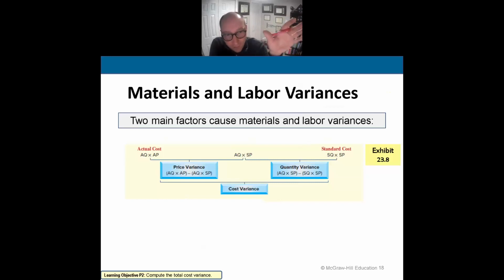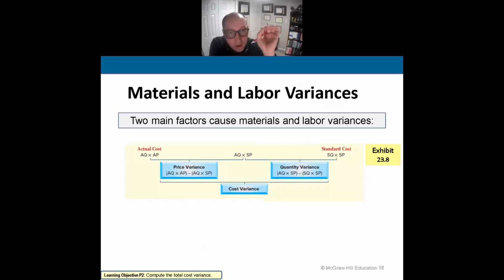To find a difference in price, we take the actual cost, which is actual quantity times actual price, minus the actual quantity times the standard price.